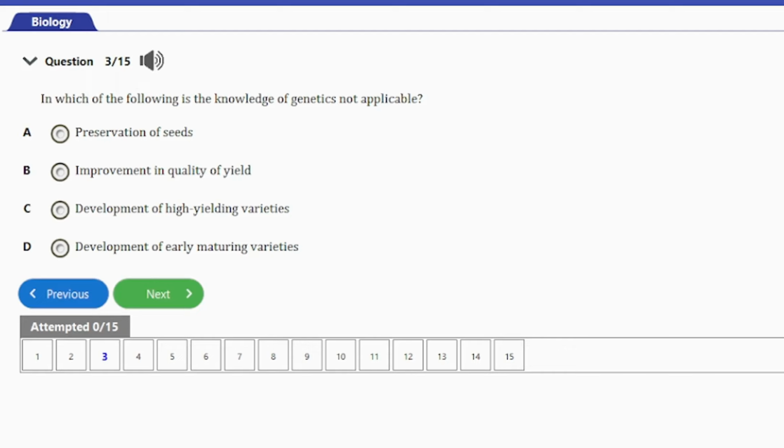The answer is option A, preservation of seeds. The knowledge of genetics can be used in improving quality of yield, to develop high yielding varieties, and to develop early maturing varieties, but we don't make use of the knowledge of genetics in preservation of seeds. So that's it for that question.